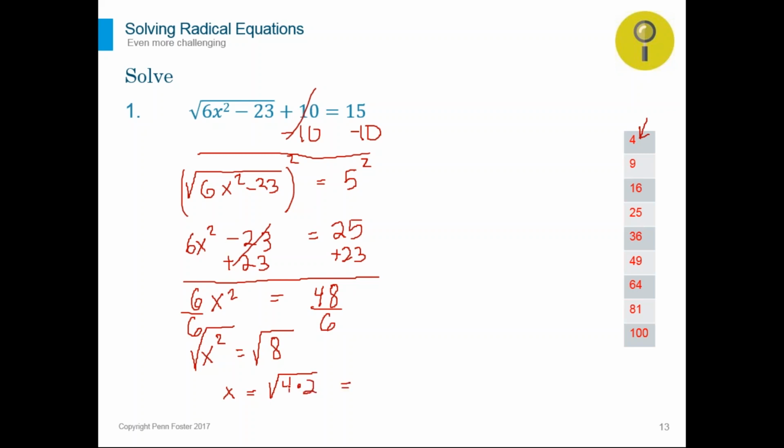The square root of 4 is 2, so 2 will go outside the radical sign, but the other 2 will stay inside or under the sign. So x equals plus or minus 2 square root of 2. That would be your simplest form of the answer, and we did not forget our signs here, that we have 2 solutions.